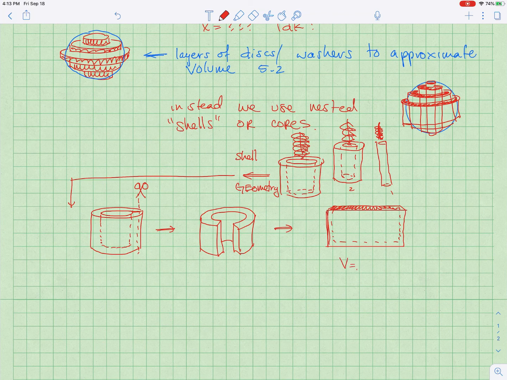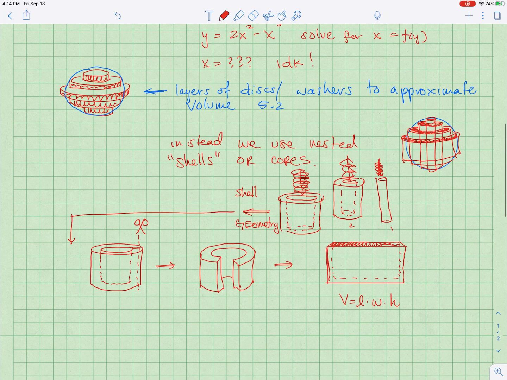So the volume here is the length times the width times the height. So let's see. If you have a certain function, typically speaking, this height is usually defined by your function of x. The thickness here depends upon what variable you're cutting with respect to.